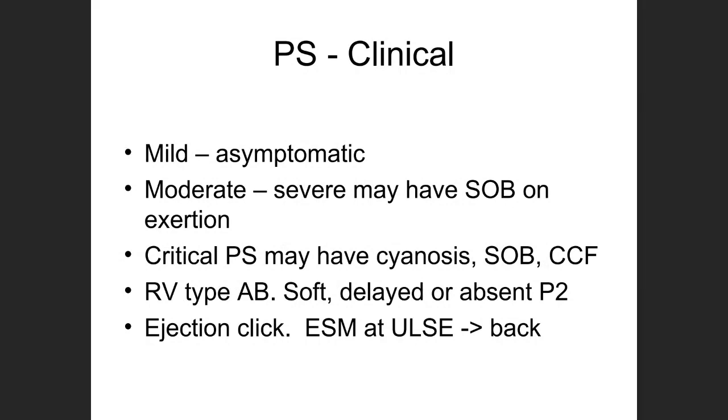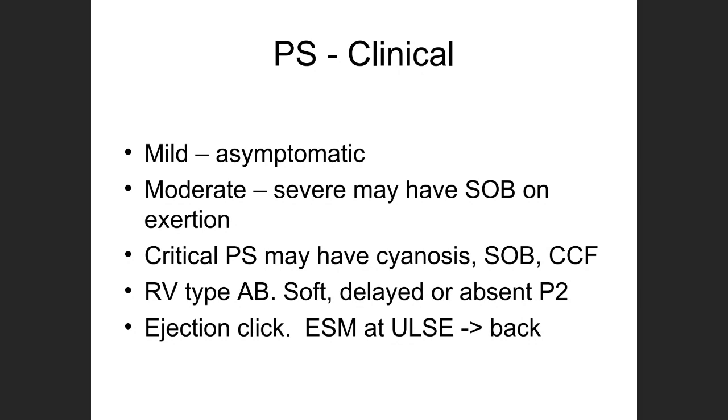When you examine these patients, they get a right ventricular type apex beat, and as I mentioned before, the apex beat is felt over a wider area, and the impulse itself is weakened. And in pulmonary stenosis, the pulmonary second sound may be soft or delayed or absent when you auscultate.